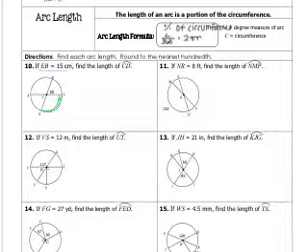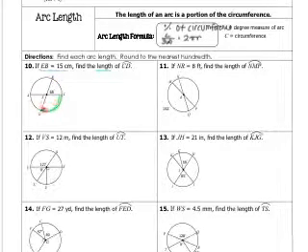So to find the length, I know I'm going to use my formula up here. It's going to be a percentage of the circumference. So the circumference is going to be the distance all the way around. And I just need to find what percent of that total distance is right here. So I need to know what angle. Well, like I said before, I know that BEC and CED make a diameter, and I know the measure of the diameter is 180.